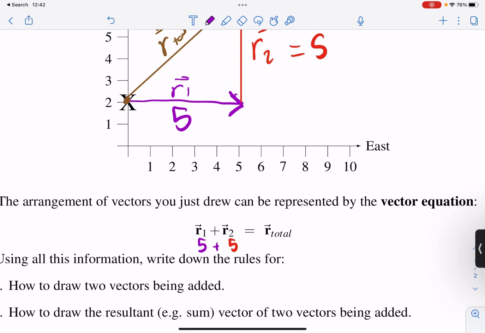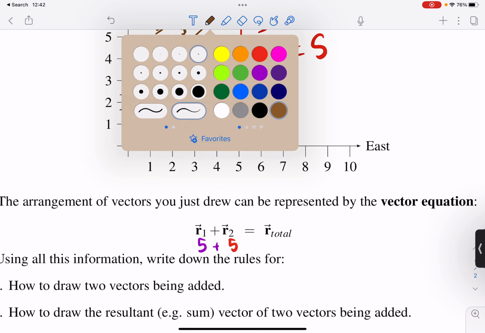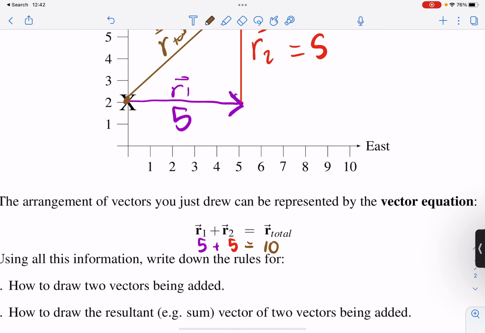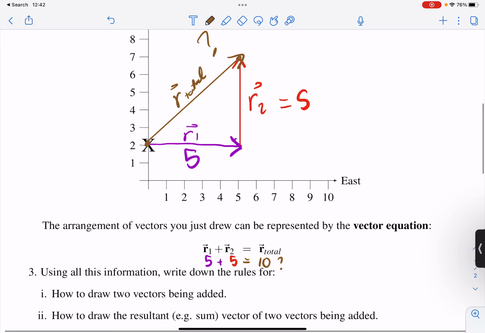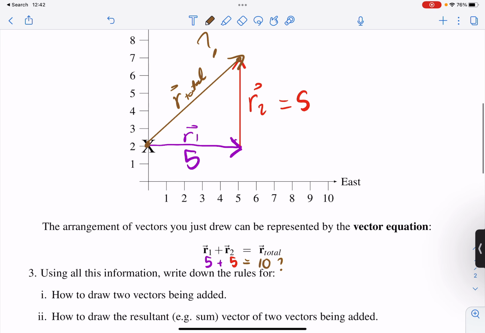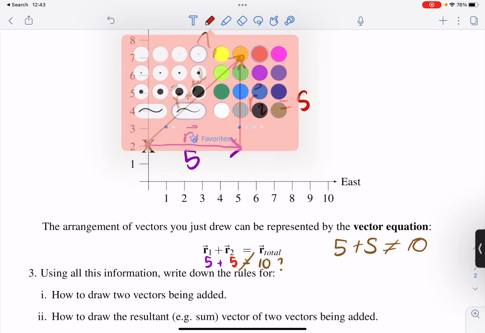If we add them up, we should end up with 10. 5 plus 5 is 10. This is going to be the biggest rule in this class, and you'll hear me repeat this over and over and over again. 5 plus 5 is not 10. Not when adding vectors. And the reason for this is, what shape is this? This is a triangle.